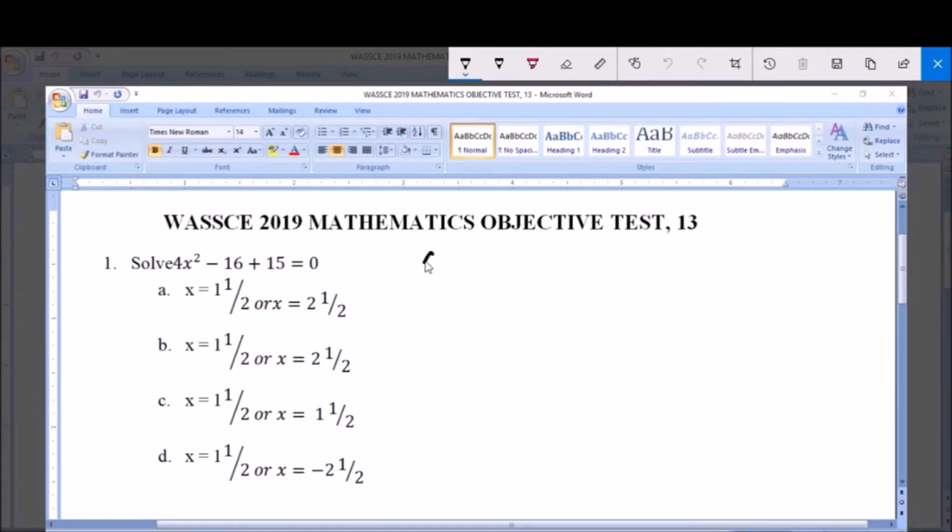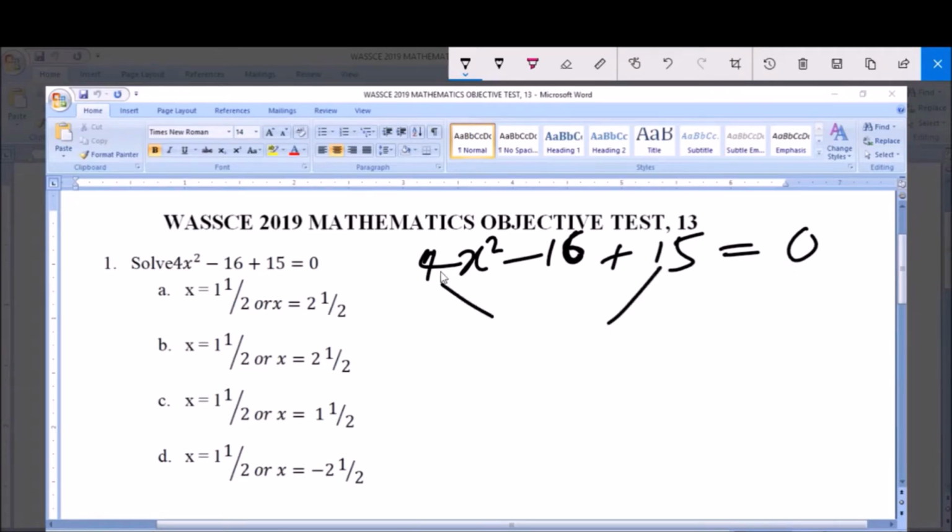Now we have 4x squared minus 16x plus 15 equals 0. This is the question we are faced with. Now we use the method of factorization.